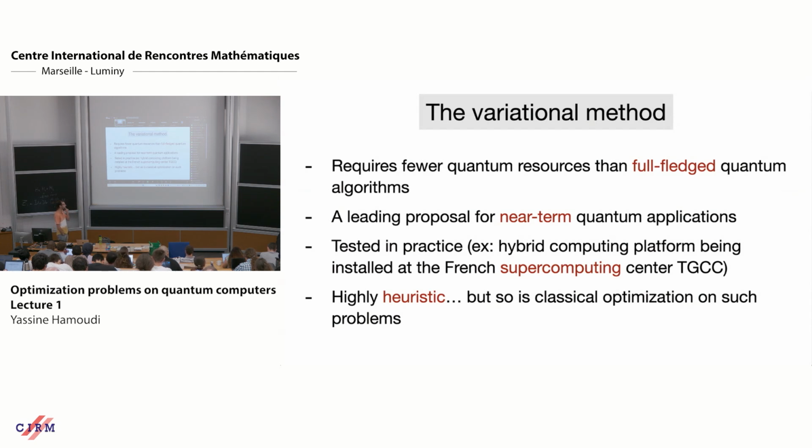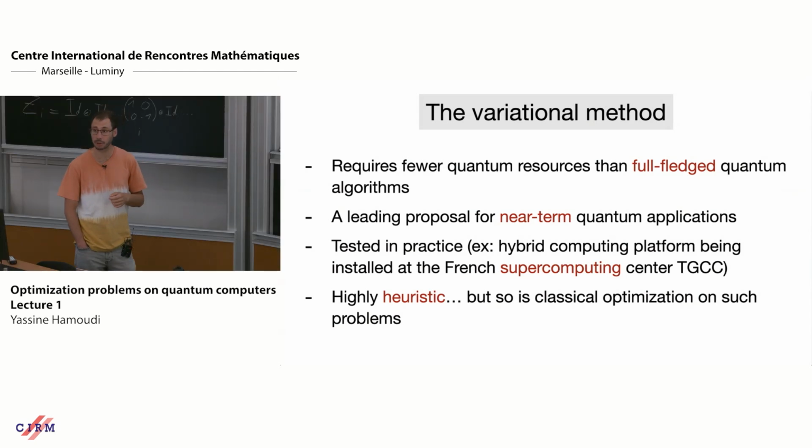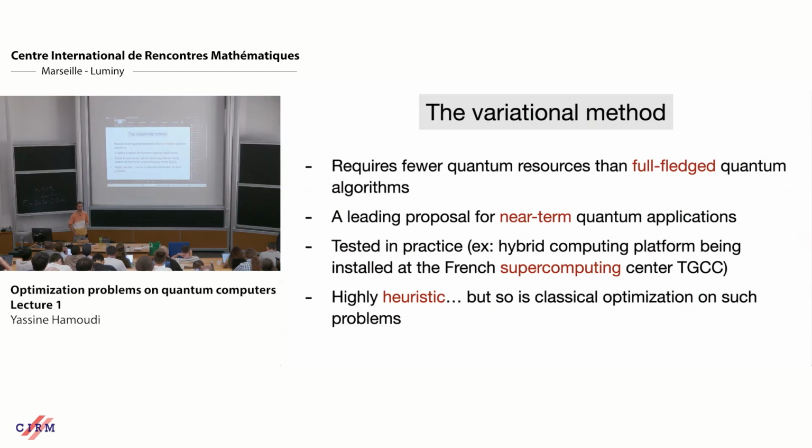For instance, in France, there is a project about combining a supercomputer with near-term quantum computers to address some kind of hybrid variational methods. At the same time, it is highly heuristic, but so is classical optimization on such problems, so that could be okay if we can find interesting solutions with this approach.